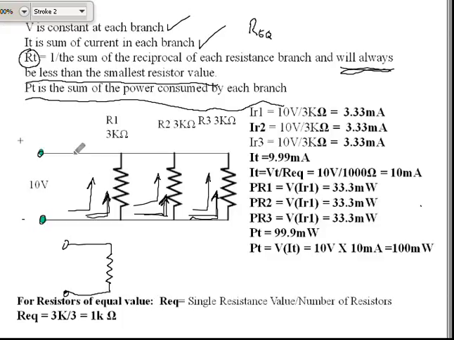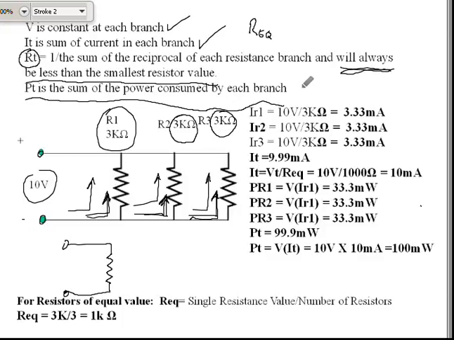So in this case, I've got 10 volts, and R1 is 3K, R2 is 3K, and R3 is 3K. If we go by the total voltage over the total current, let's calculate the current for each branch.